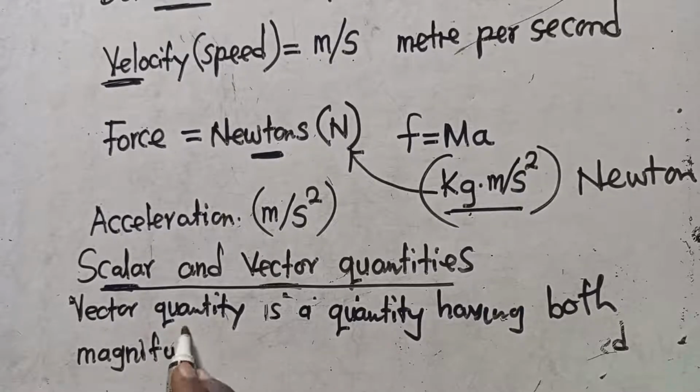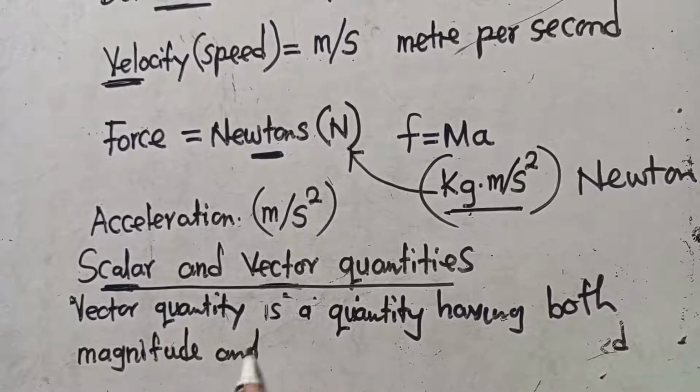This is what you need to understand. So each time we are talking about a vector quantity, we are talking about a quantity that has both magnitude and direction.